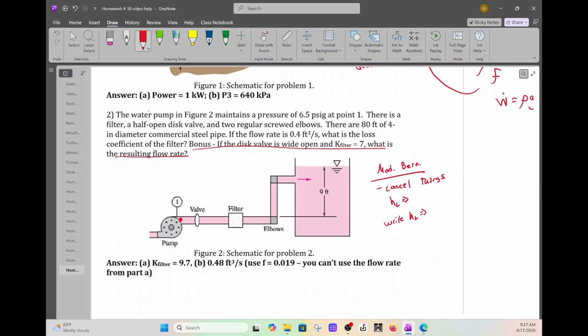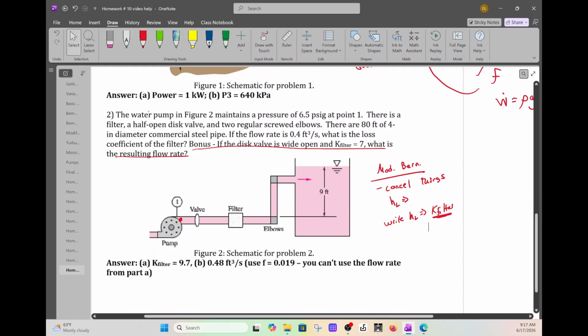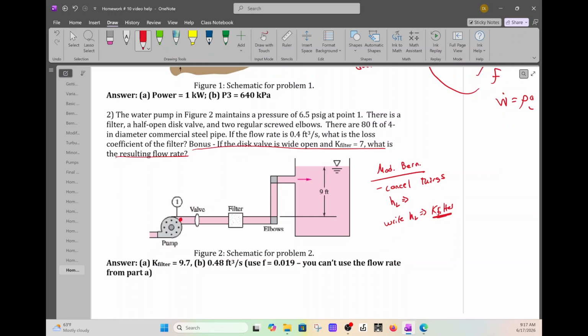And you'll see that the K of the filter is missing, so you can solve for that one. So modified Bernoulli's, cancel items. I would go from state 1 to state 2. You're going to notice we don't have the pump in that section, so that pump can go out. There's no turbine.